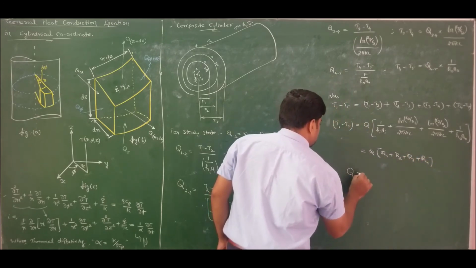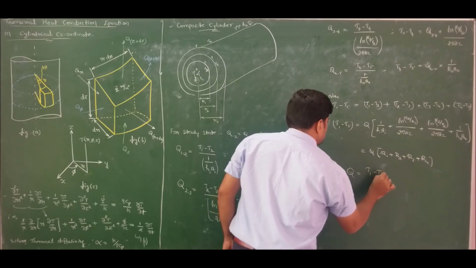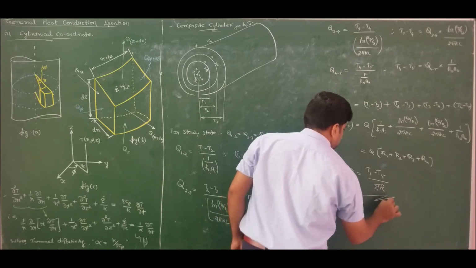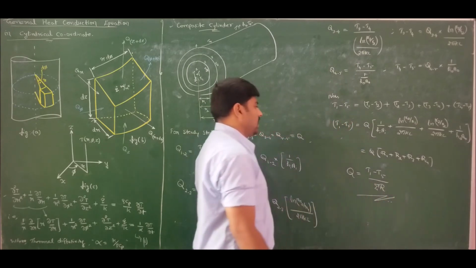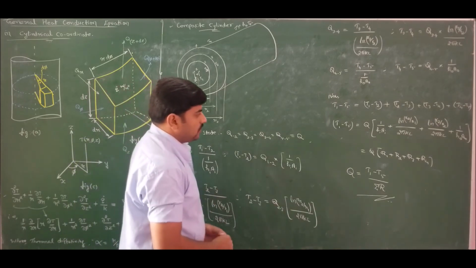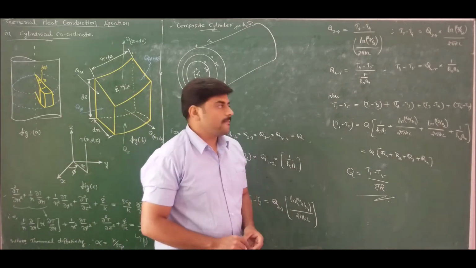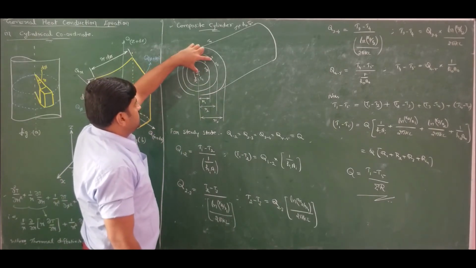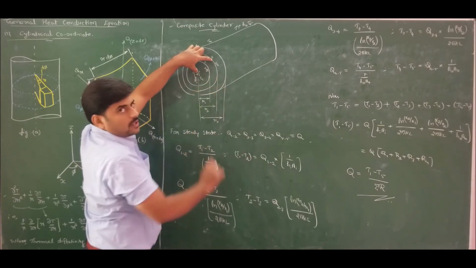So hence I can write Q is equal to T1 minus T5 by the sum of resistances due to convection and conduction in cylindrical coordinates. So this is of the form Q is equal to delta T by resistance. If I know temperature at 1 and 3, then I can write Q is equal to T1 minus T3 divided by R1 plus R2.